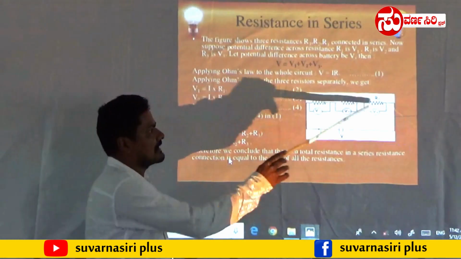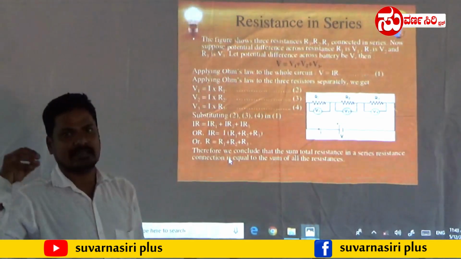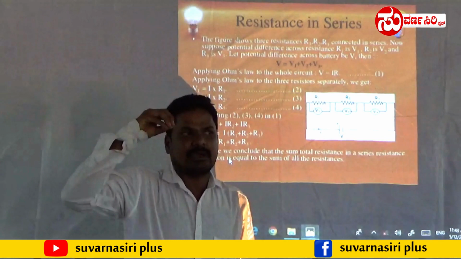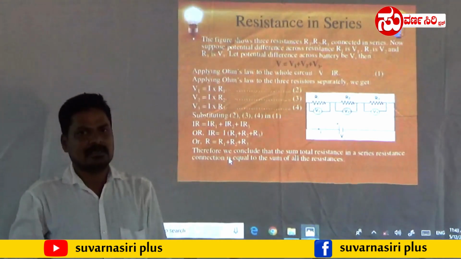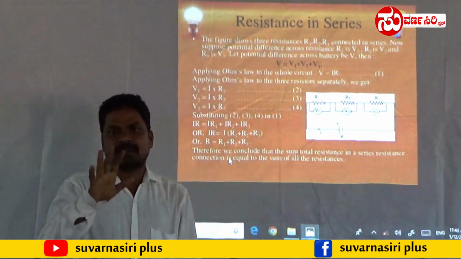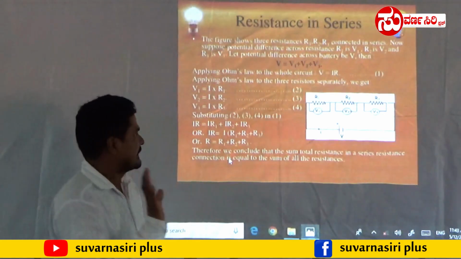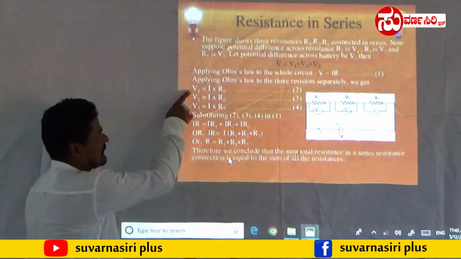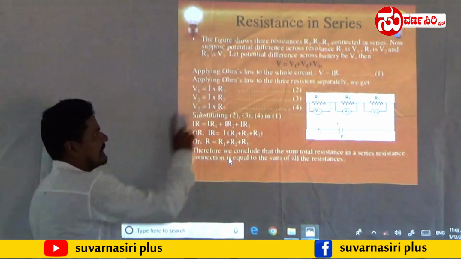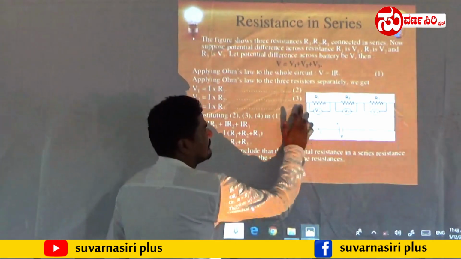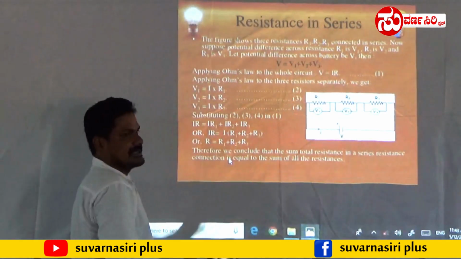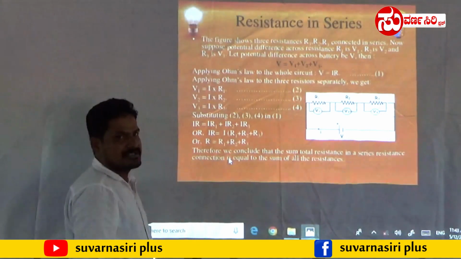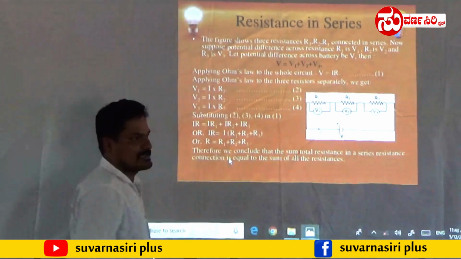Because these are connected in series, the current will be the same and the potential difference will be different. The current flows at the same rate; there is no division of current.